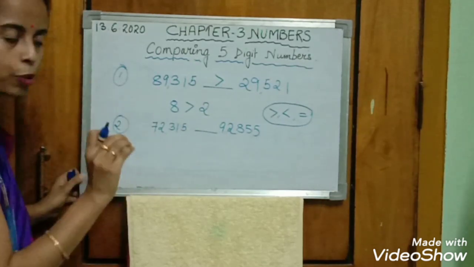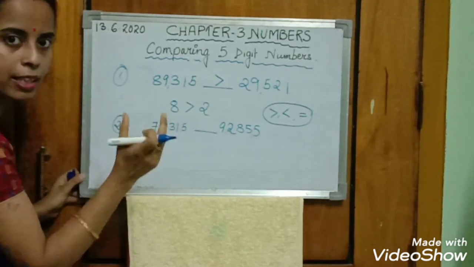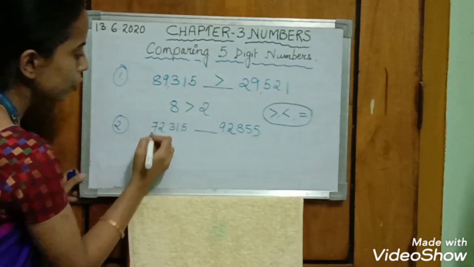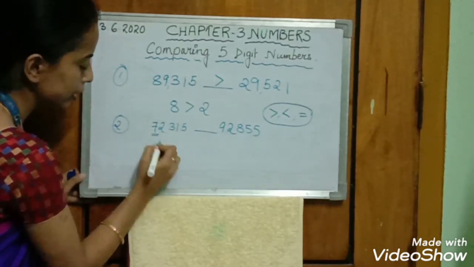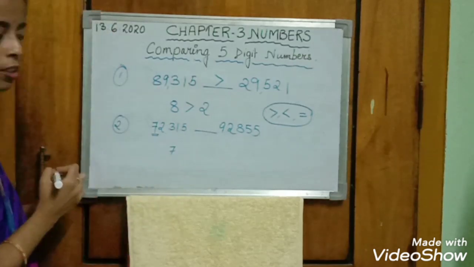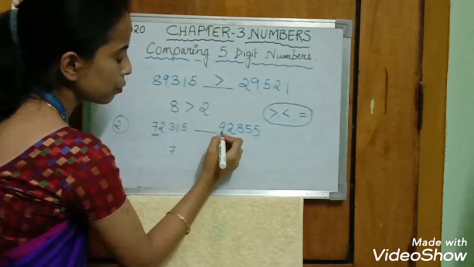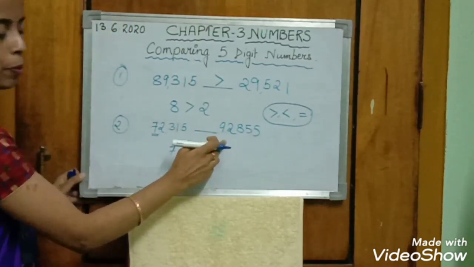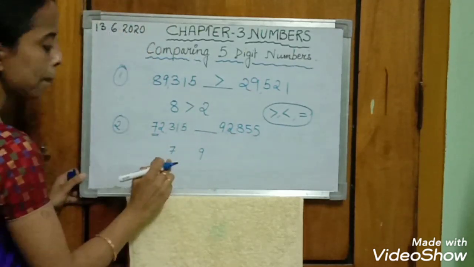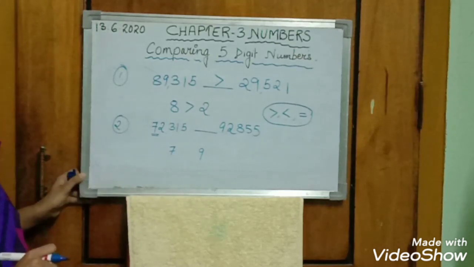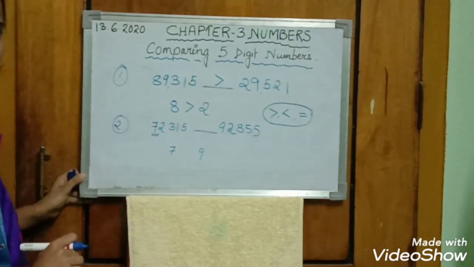As I have already told you, place value helps us to compare the numbers easily. Look at this number. What is the number in the 10,000 place? That's 7. And in the other number, what is the number in the 10,000 place? This is 9.